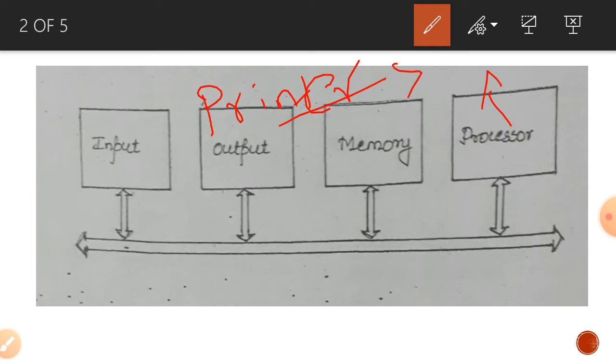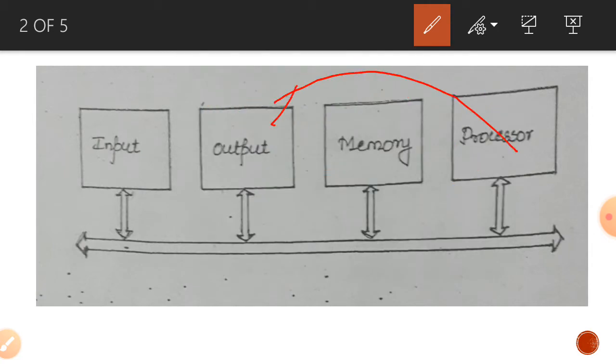If these two devices are communicating, no other devices can communicate. The task is to print some characters on the printer. The processor sends the characters to the printer one after the other.